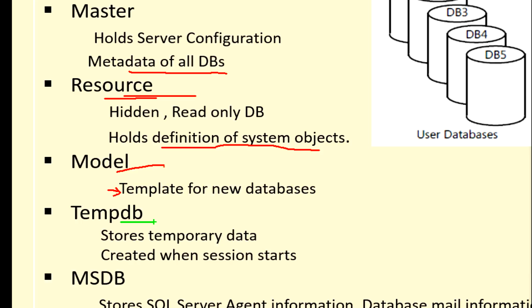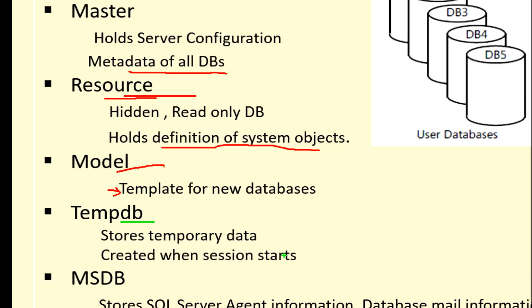As I was saying, tempdb is for temporary storage. So when we are performing an insert or update operation, whatever temporary activities SQL Server needs to perform, it performs on tempdb. That means if it needs to store data temporarily somewhere, it uses tempdb.